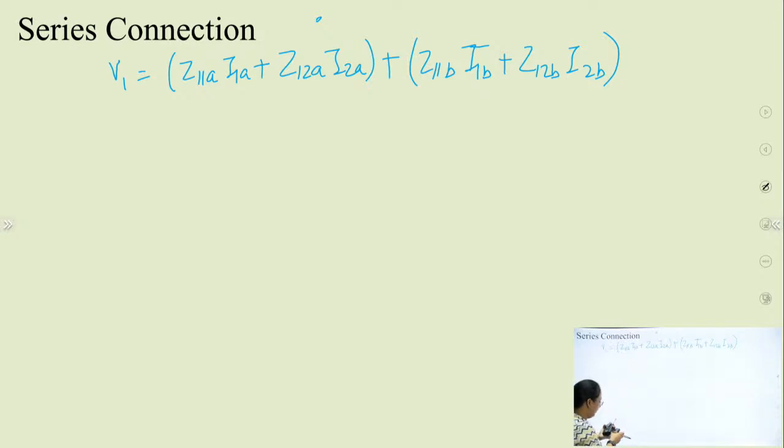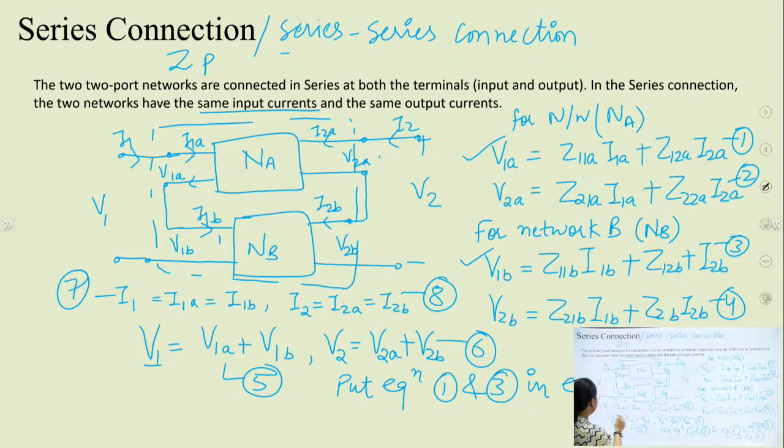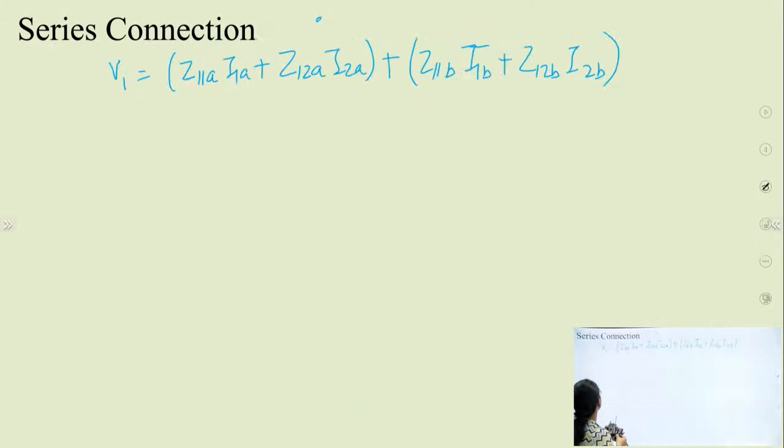Now from equations 7 and 8, we have I1A is equal to I1B, and I2A is equal to I2B. So I will put equations 7 and 8 in the above equation. Here I1A is equal to I1B, which is equal to I1, and I2A is equal to I2B, which is equal to I2.